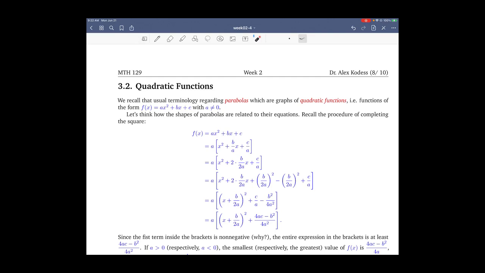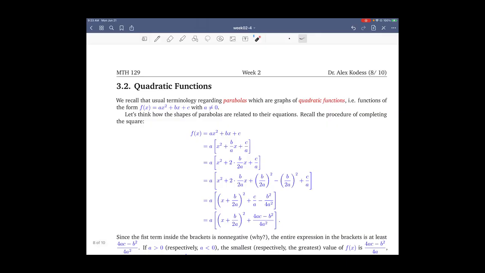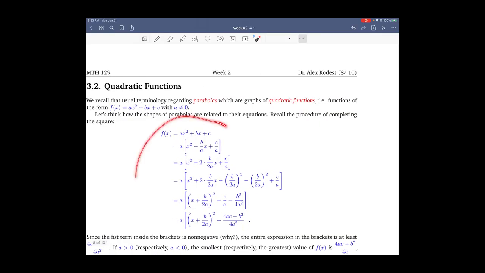When talking about quadratic functions, a very simple procedure will be useful. I'm sure you saw it before. This procedure is called completion of the square. And it's done in generic form here. I think it'll be useful if we re-implement this procedure in a particular example.